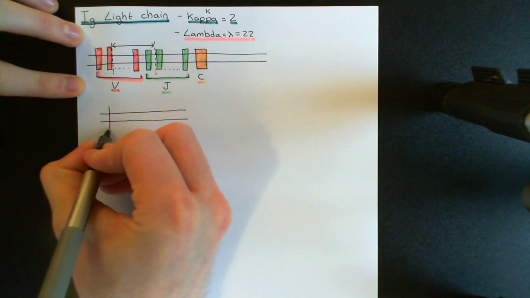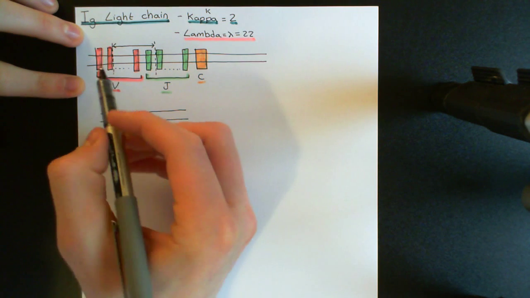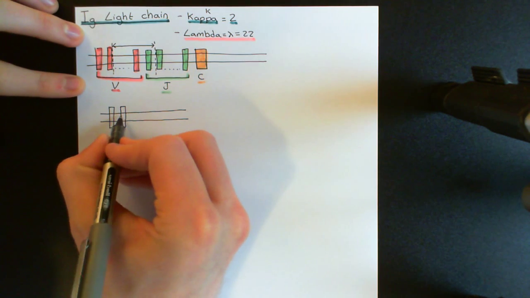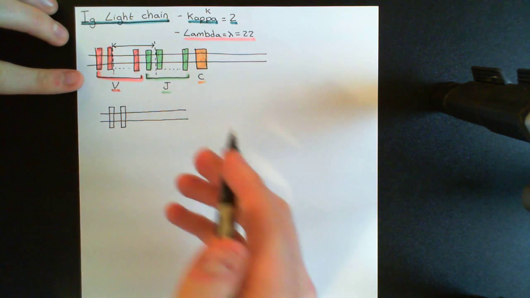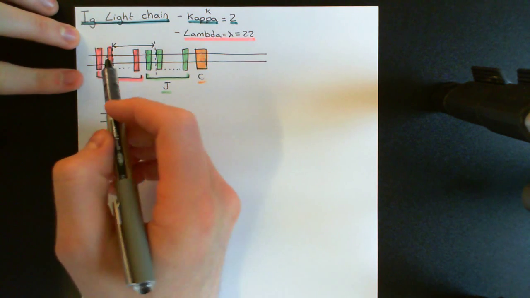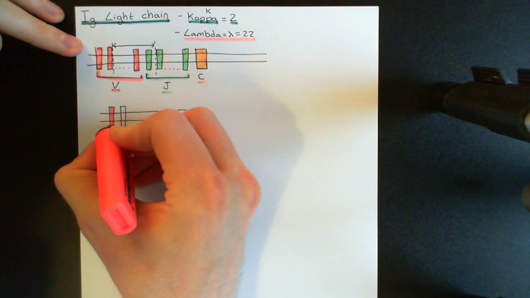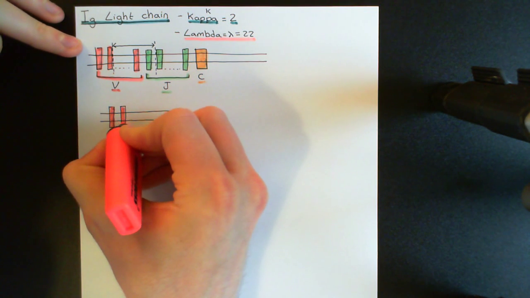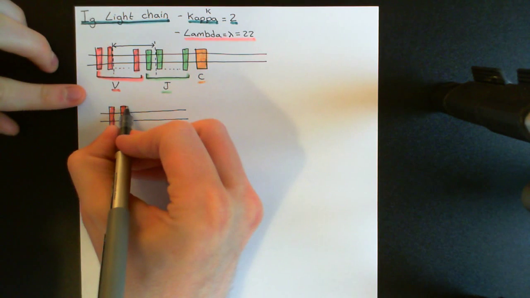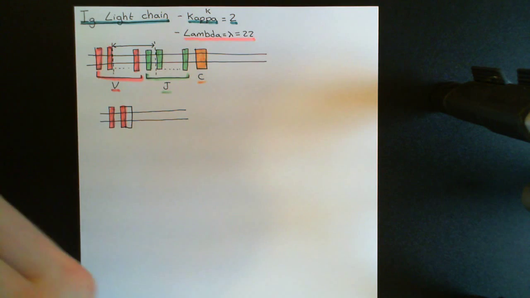So here is the first variable gene segment, which is the one that's in front of our chosen variable gene segment. So of course I chose the second variable gene segment, but if I chose one further along, all of the variable gene segments that were upstream of that would still be upstream of it. So here is the first variable gene segment in red. Here's our chosen variable gene segment. Then what we'll have is our chosen joining gene segment now connected to our chosen variable gene segment.